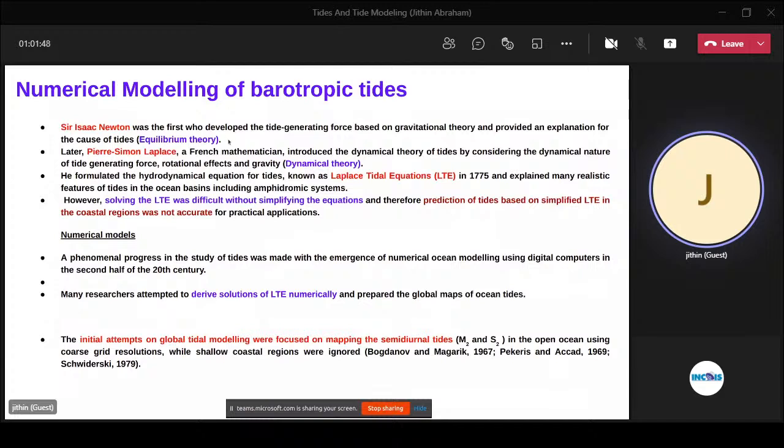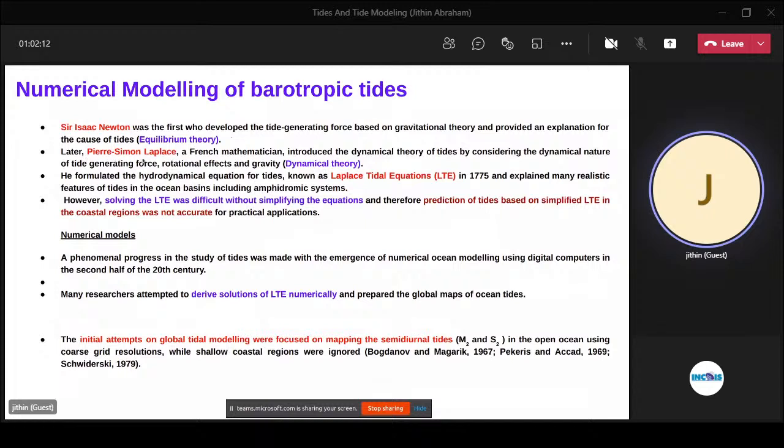This theory was not good for practical application, and it did not explain most of the properties, like the amphidromic point, where the tidal amplitude is zero in the open oceans, and the different nature of tides at different areas.